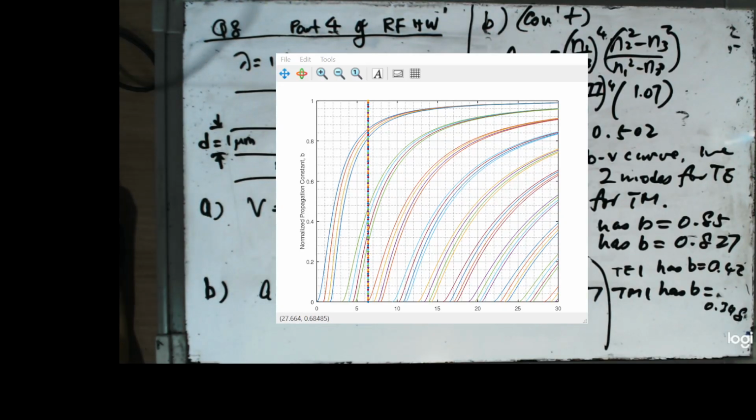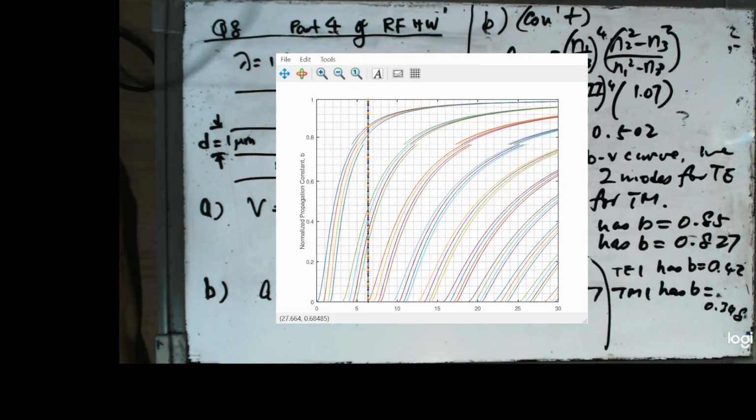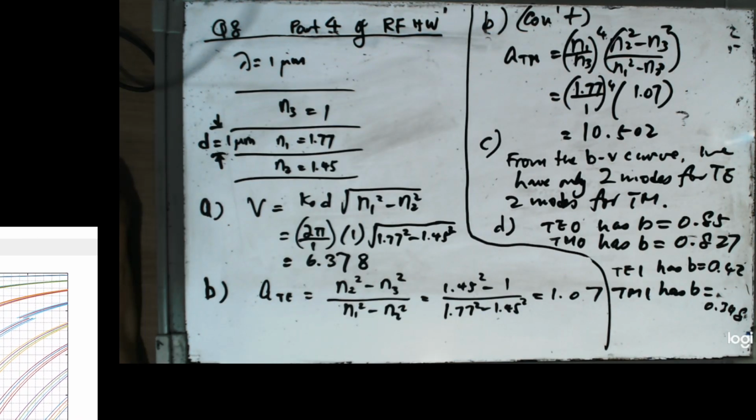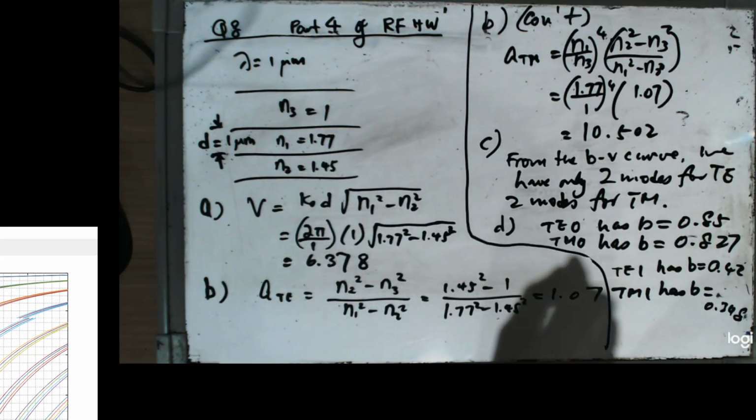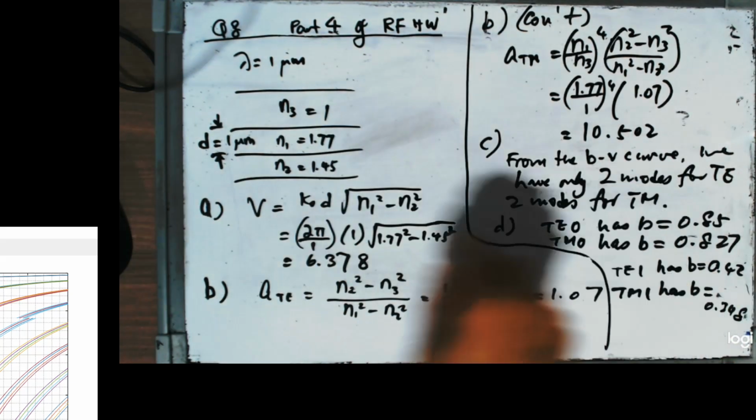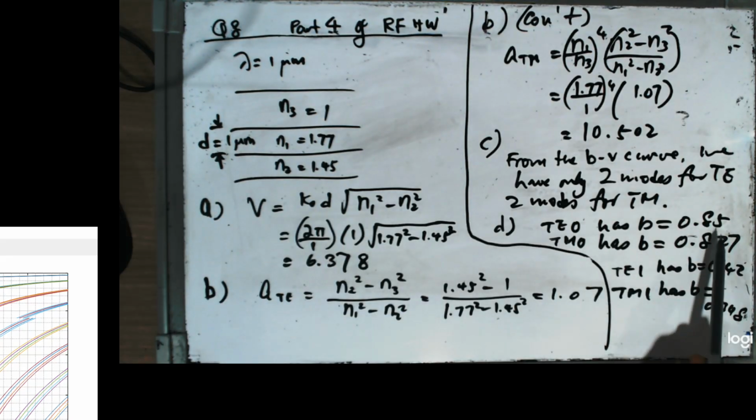So I'm going to switch you back to the whiteboard. So now you are looking at the whiteboard, and I have already written down the details of the modes and the b values.